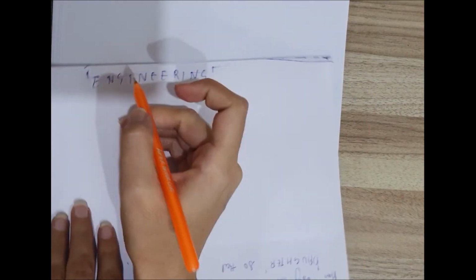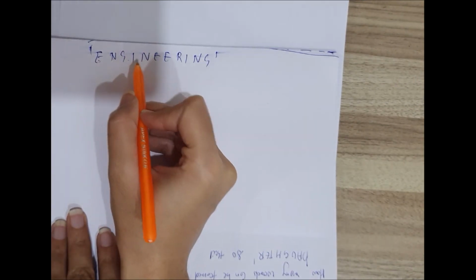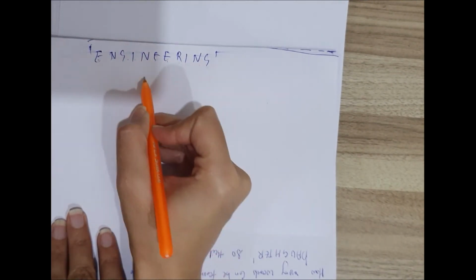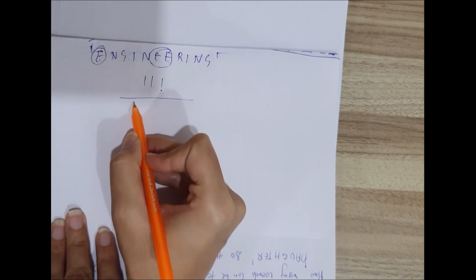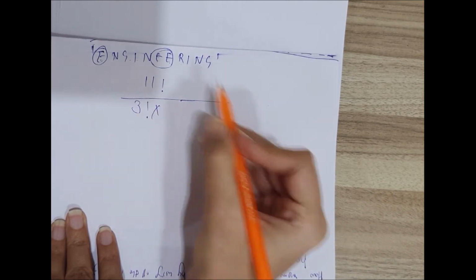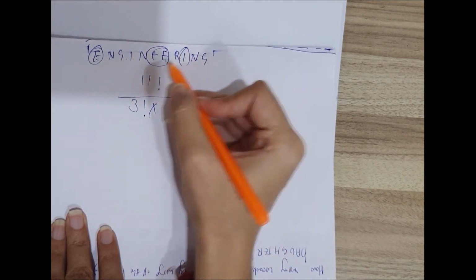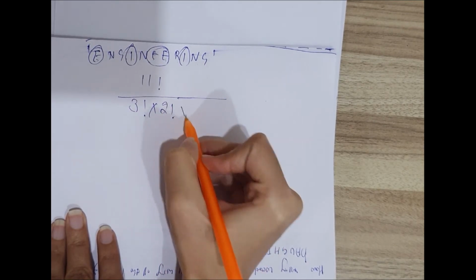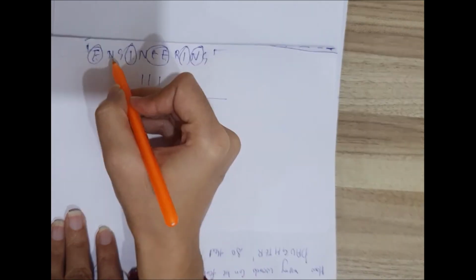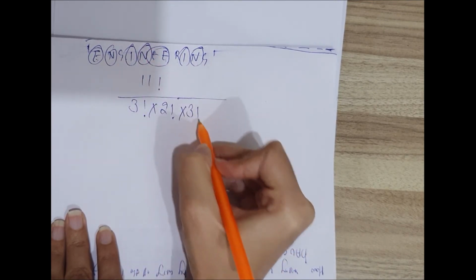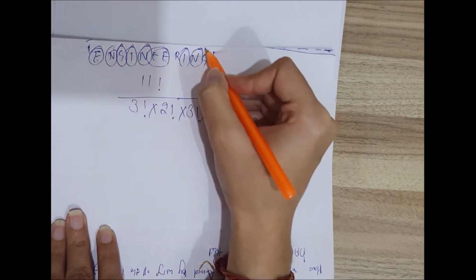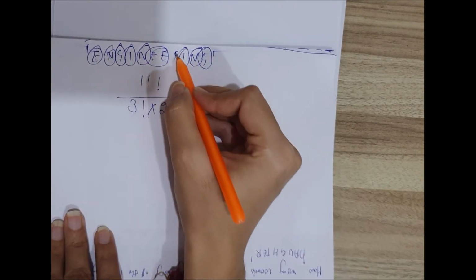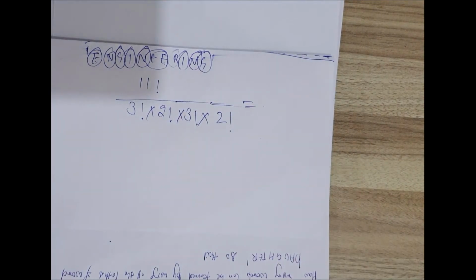If we have to arrange it, how many letters are there here? 1, 2, 3, 4, 5, 6, 7, 8, 9, 10, 11. 11 factorial divided by, E is repeating 3 times, 3 factorial, into, I is repeating 2 times, 2 factorial, into, N is also repeating 3 times, 3 factorial, and G is also repeating 2 times, so 2 factorial. Here only R is a letter that is not repeating. Everything else is repeating. Its answer will come out to be this.